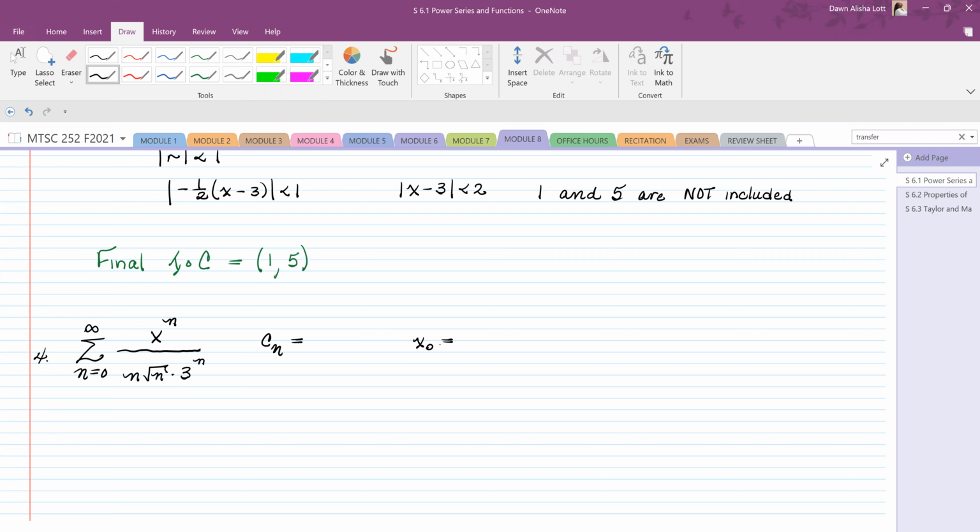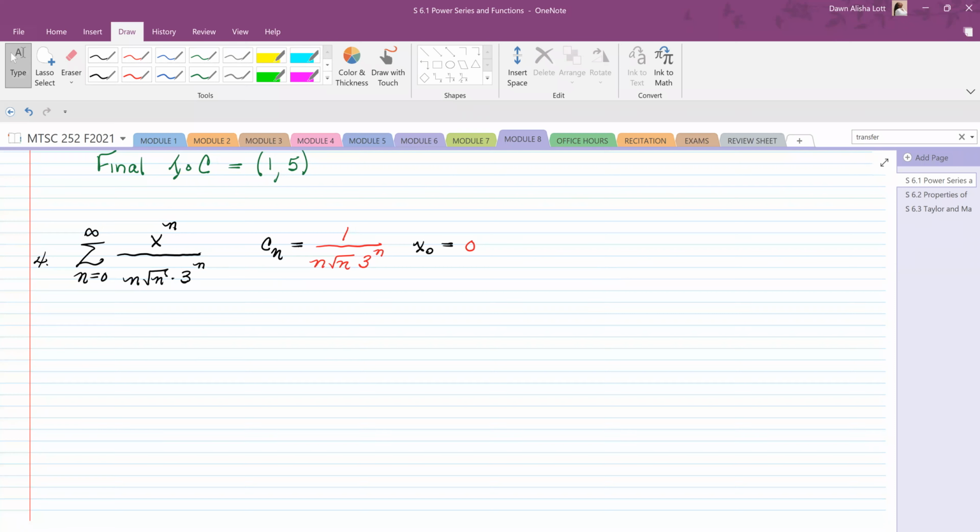This power series is about X naught equal to... You have to know what the power series is about so you can determine the interval of convergence and the radius of convergence. So this power series is about X naught equal to 0 because it's X minus 0. And Cn is 1 over n, the square root of n, times 3 to the n.